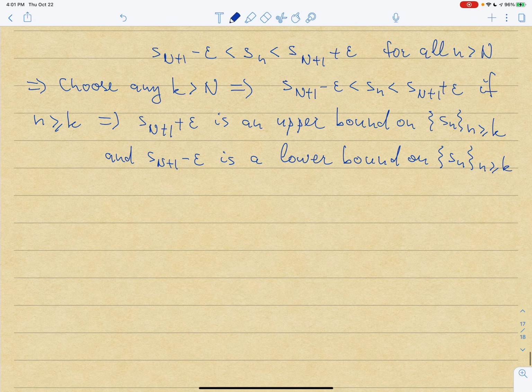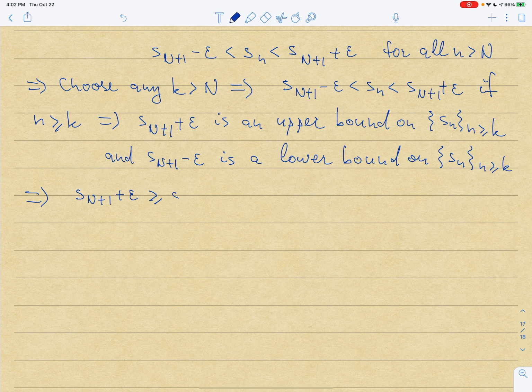The supremum of the same set is its least upper bound. So therefore S_{N+1} plus epsilon is going to be greater or equal than the supremum over n greater or equal than k of Sn. And also S_{N+1} minus epsilon is a lower bound on the same set.